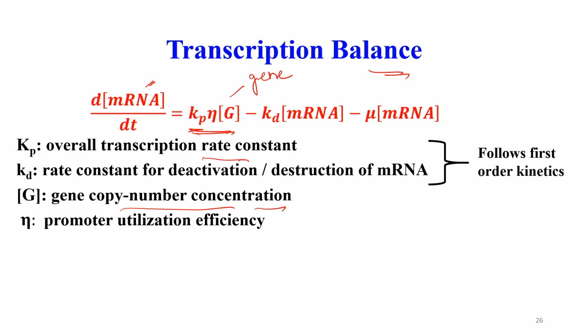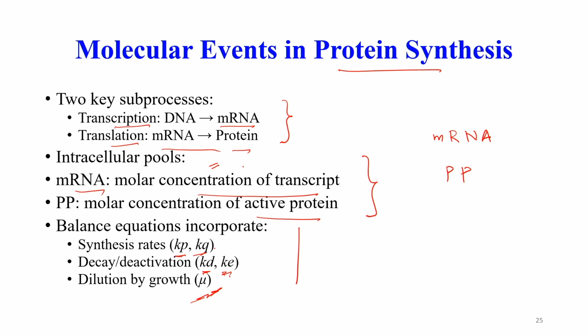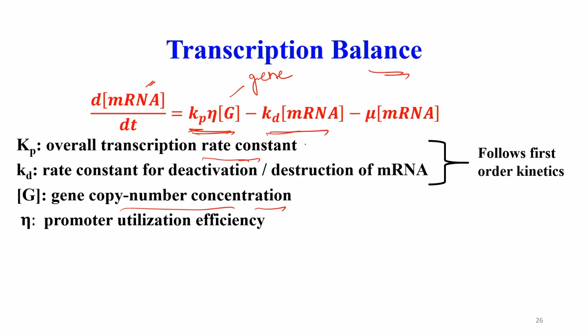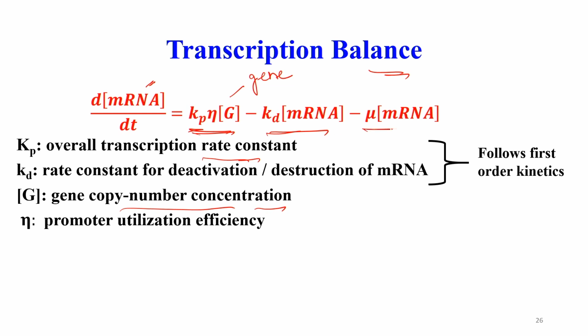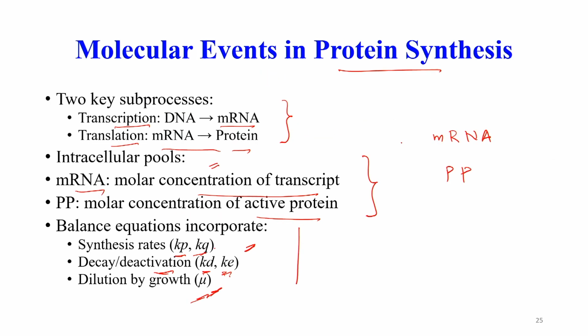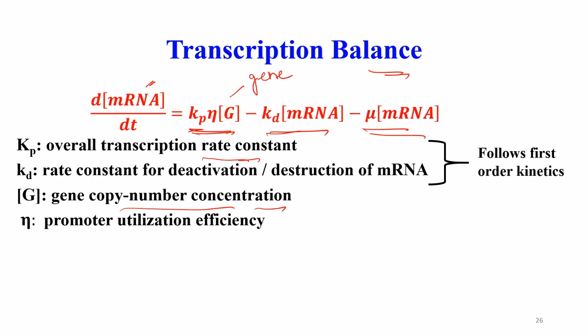Kp is the transcription rate, the synthesis rate Kp we discussed. Further, during the synthesis there is a deactivation as well, so Kd is the deactivation times mRNA, and further there is a dilution by growth, mu times mRNA. These two are the negative terms, and the first is your synthesis term.